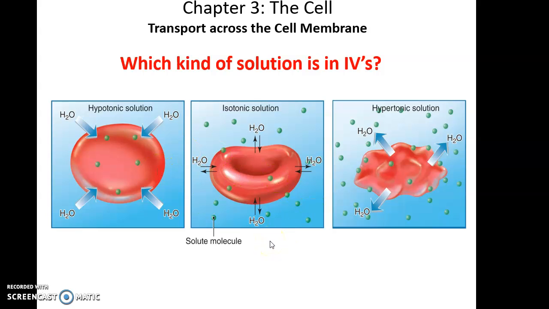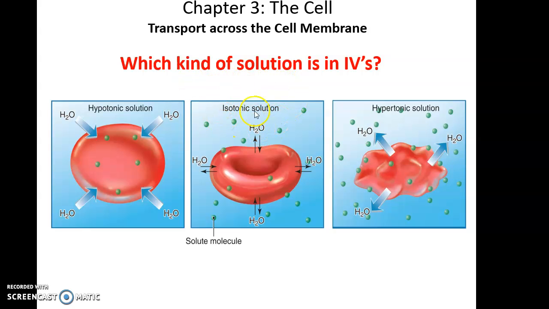All right, so when people are in the hospital and they're getting an IV, fluid is being directly added to their bloodstream, which means the concentration of the solution in the IV as it enters the bloodstream is going to potentially affect the red blood cells in the bloodstream. So the solution in IVs, are they hypotonic compared to red blood cells?